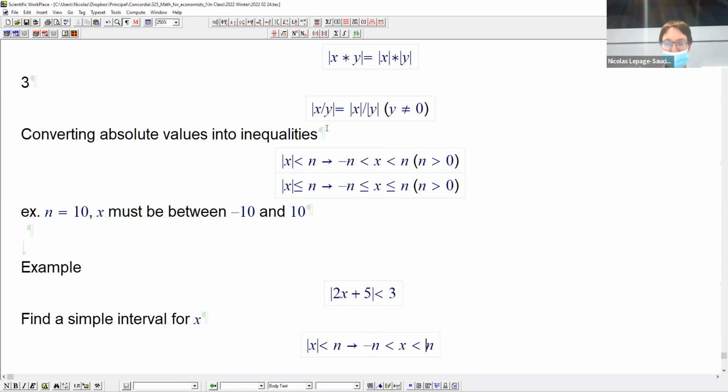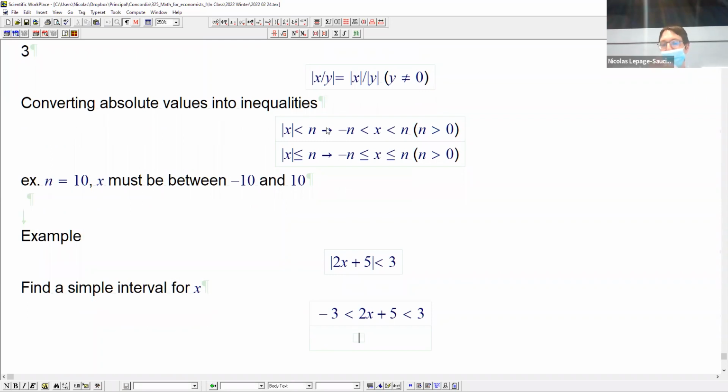So x here is not x, it's 2x plus 5. That is greater than minus 3 and smaller than plus 3. So we can solve both sides of this. You could do one side and then the other, but we can solve everything at once.